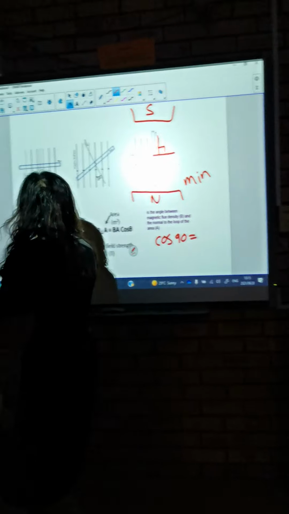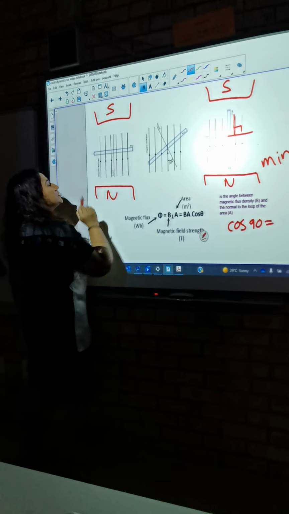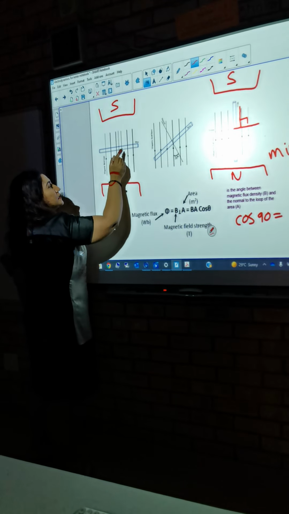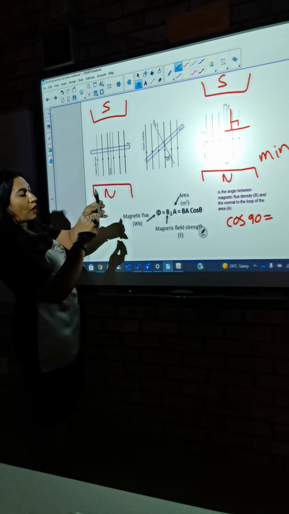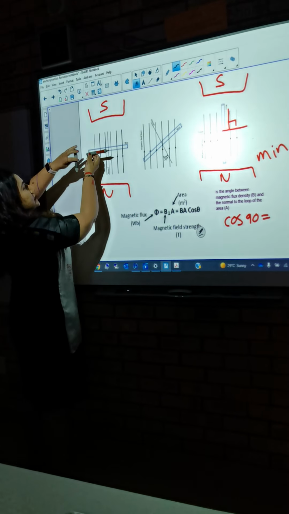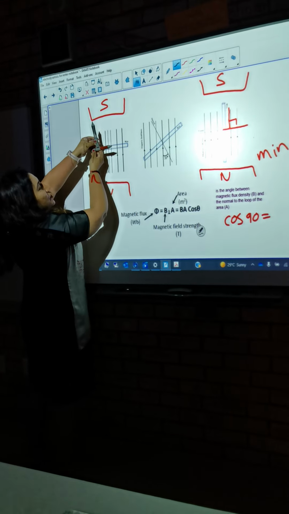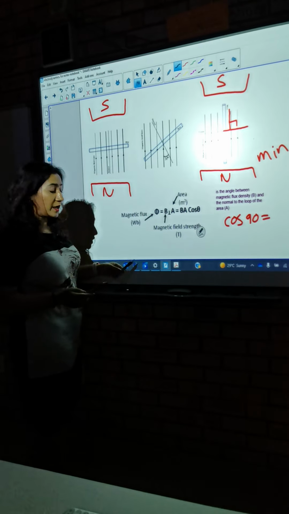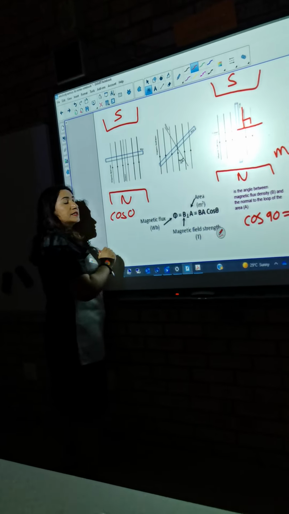But if I look at this angle now, north to south this way, all right, there comes the conductor, and the conductor has its normal. So there's my conductor, the conductor's like this, and there's my normal like that. The normal and the magnetic field lines are in the same direction. And so this is going to be cos 0.